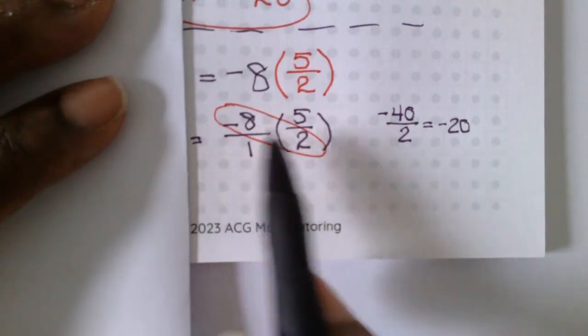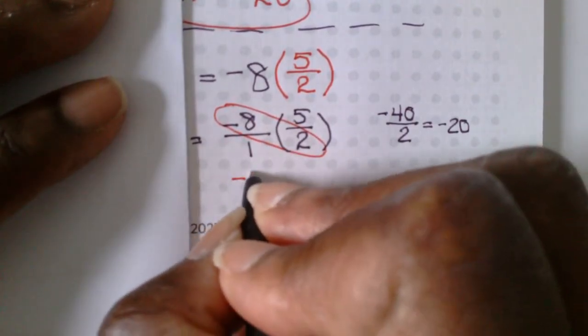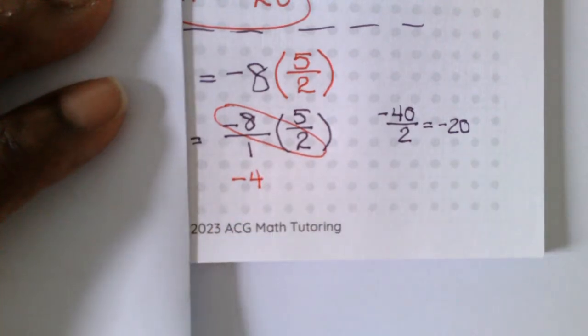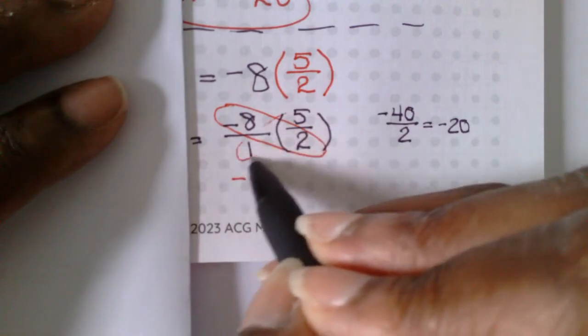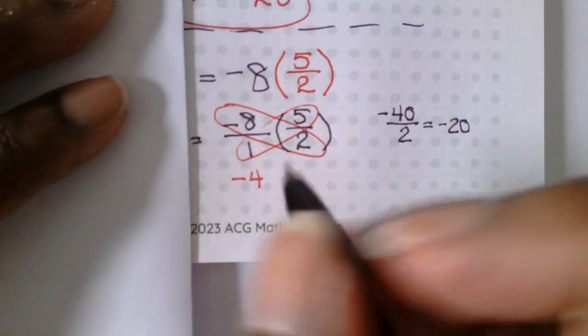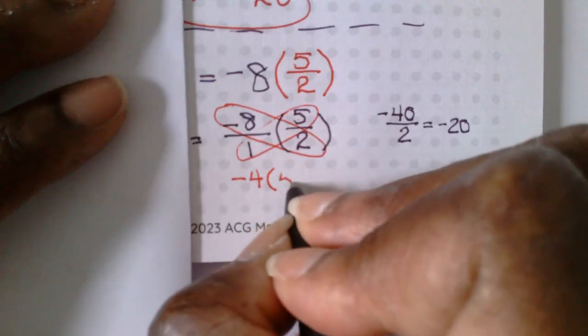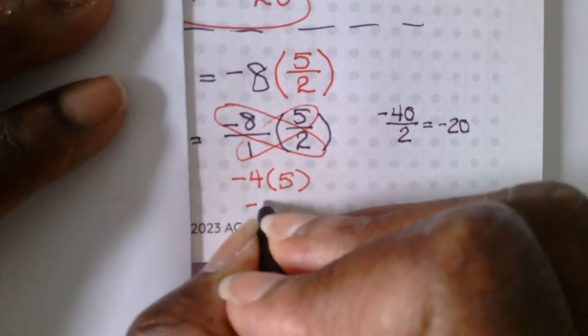So negative 8 divided by 2 will give me a negative 4. Then what's left when you cross? You got your 5 divided by 1, that will leave you with 5. So negative 4 times 5 gives you a negative 20.